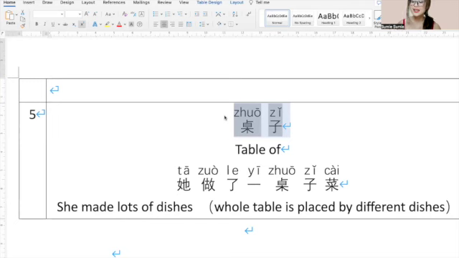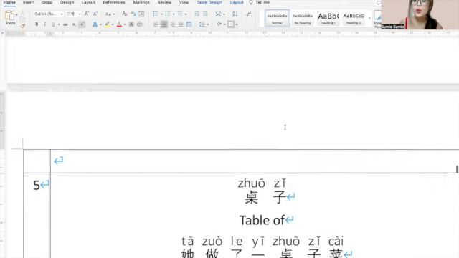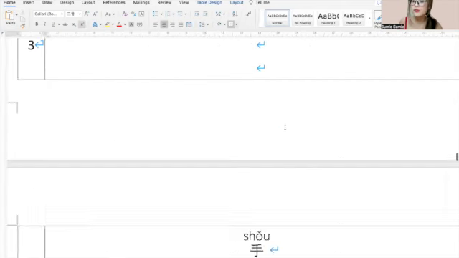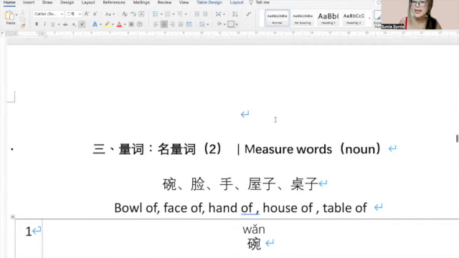In the last lesson, it is a noun, but this measure word is not describing a verb. 一桌子菜, 菜 is vegetable. So we use a noun as a measure word to describe a noun. It is what we have learned in the last lesson, which is 名量词.